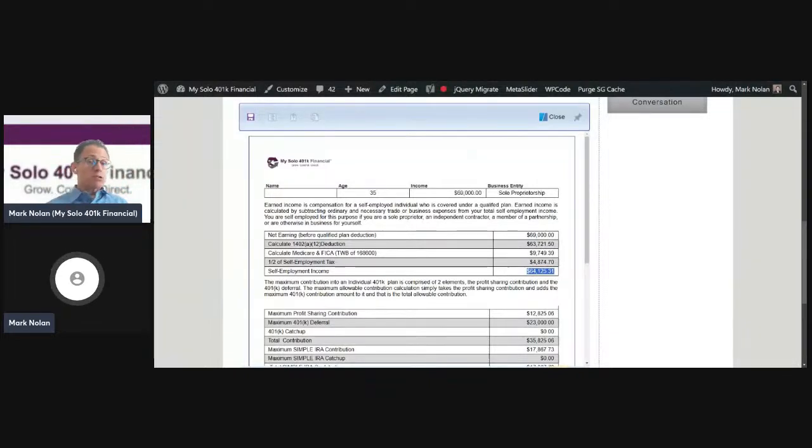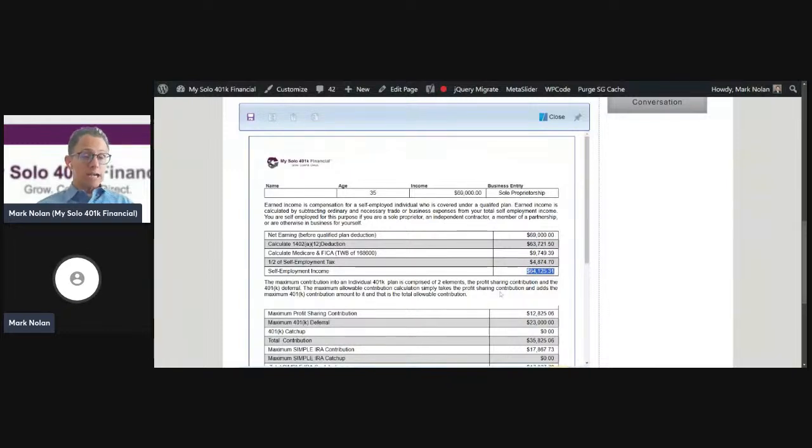And if you're a sole proprietorship, you still have time to open a solo 401k plan for tax year 2024 here in 2025 and make this voluntary after-tax solo 401k contribution as part of the mega backdoor, and then convert it to the Roth solo 401k. If you're a sole proprietor, you're going to have until April 15 of this year to open the solo 401k for tax year 2024 and make that mega backdoor Roth solo 401k voluntary contribution.